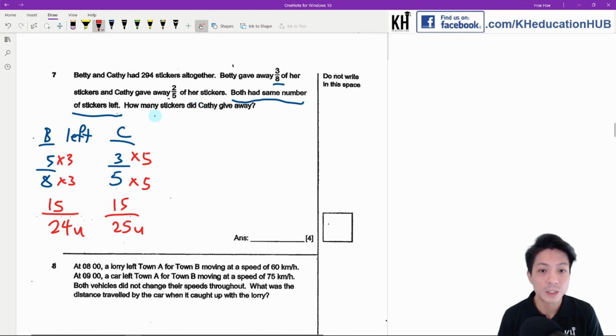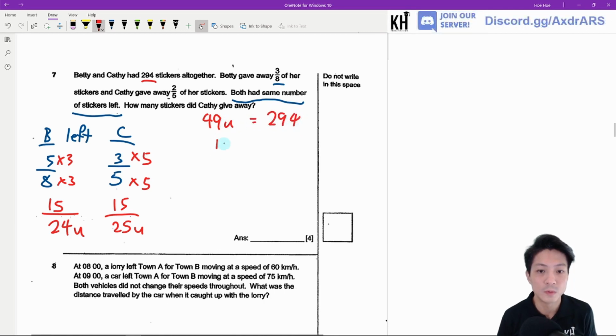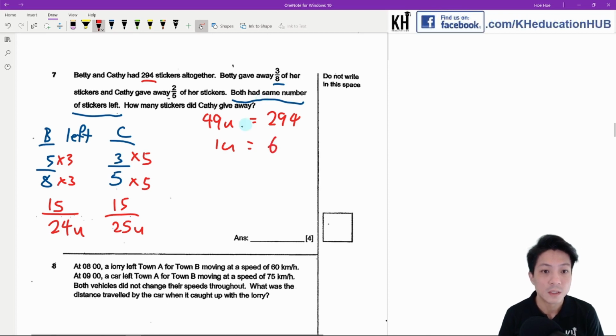Okay, so the question is how many stickers did Katie give away? Okay, so now we're gonna figure out what is 1 unit first. 24 plus 25 will be 49. Okay, 49 units is equal to 294, which means that 1 unit will be equal to 6.